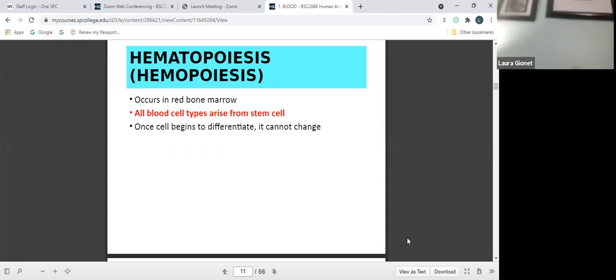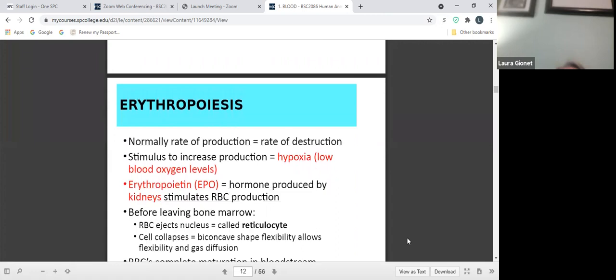And red bone marrow forms all blood cells, red blood cells, white blood cells, and platelets. So hematopoiesis occurs in red bone marrow. All blood cell types arise from different stem cells, and once a cell begins to differentiate, it cannot change. Hematopoiesis is the formation of blood cells.